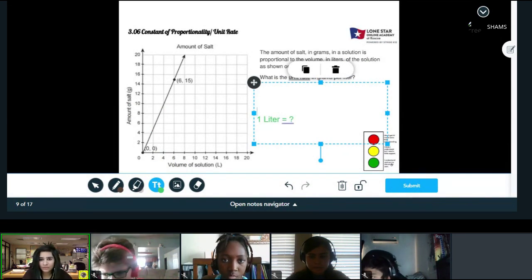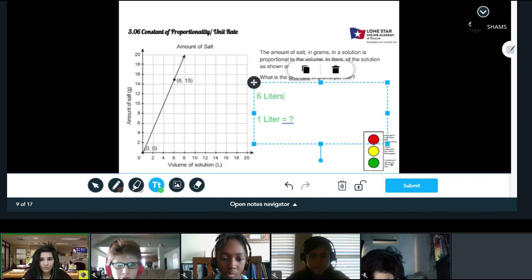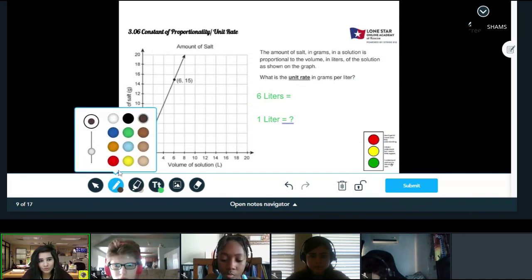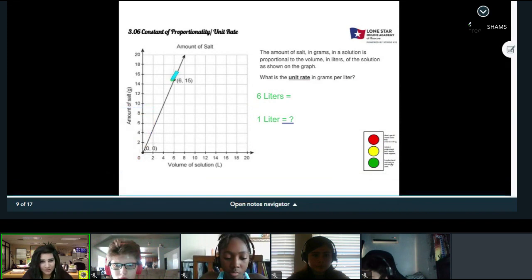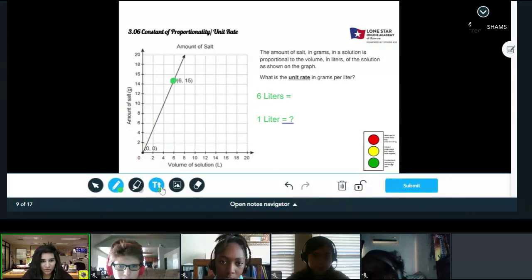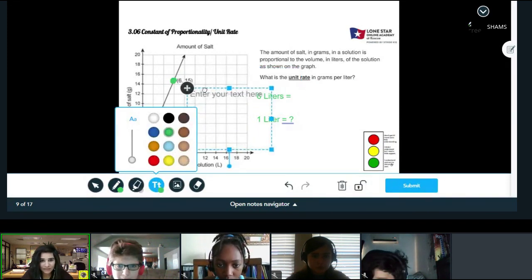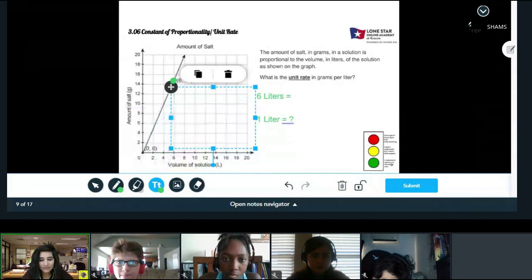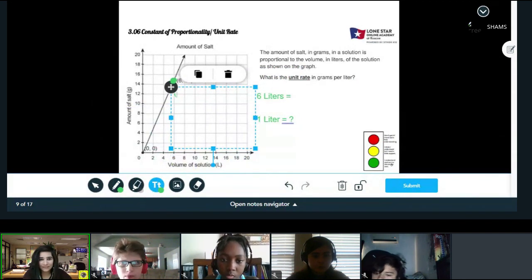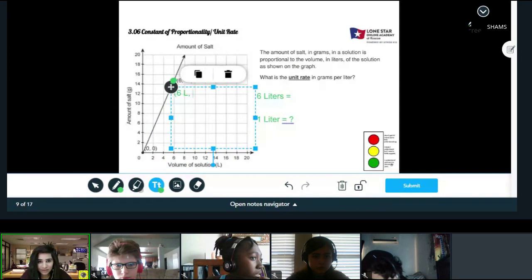You're calculating. What is given to me? They gave me for 6 liters. How do I know? Because I will teach you how I read this point over here. I open up my brackets and I say it means 6. Then I go to the x-axis, which says volume in liters, 6 liters, comma, and the other number again disappeared for me.